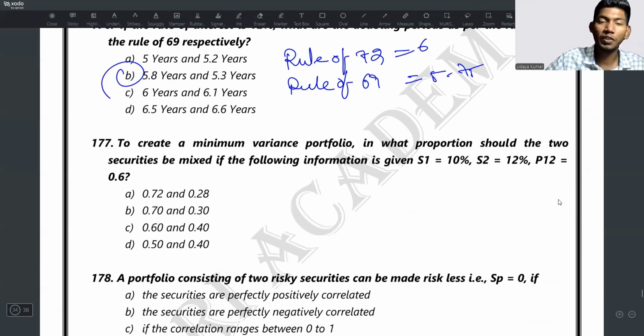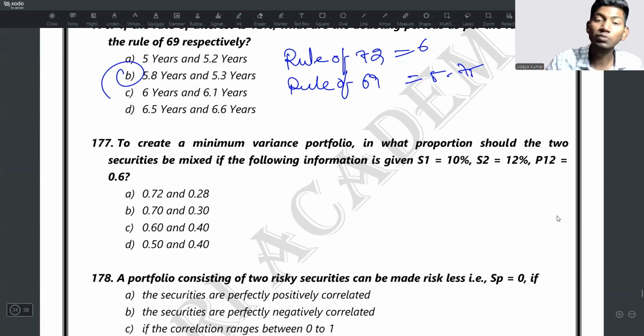So moving to the question 177. To create a minimum variance portfolio, in what proportion should the two securities be mixed if the following information is given? S1 equal to 10%, S2 equal to 12%, P12 is equal to 0.6. So here, in a two asset portfolio, the minimum variance portfolio weights can be calculated using the formula based on the standard deviations and correlation coefficient.